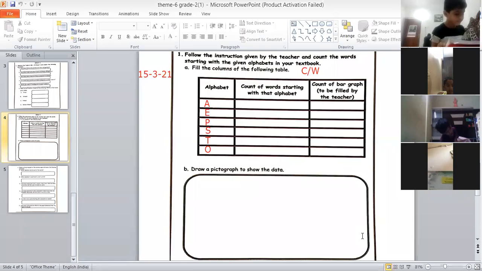Yes, children, you also have to count words.